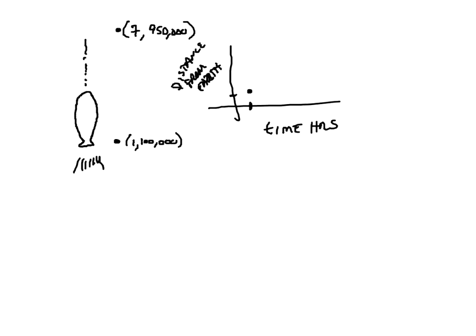So at 1 hour, it's going to be 100,000 miles, and at 7 hours, it's going to be 950,000 miles. So we're not going to get a vertical line, even though it's traveling straight up in space. Did that help?